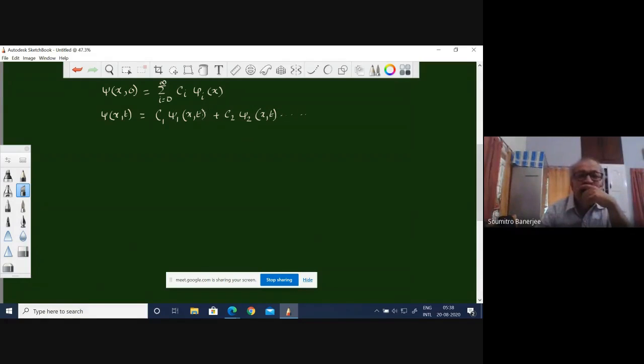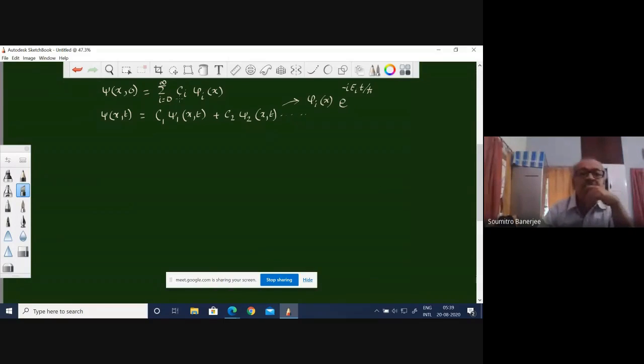And these are essentially composed of psi_i(x) times the phase factor e to the power minus i E_i t by h-bar. But we can presently consider these as the way the second eigenfunction evolves, this is the way the first eigenfunction evolves, and the final evolution of the wave function is a linear combination of them. This is something that is true for all the things that you have studied.